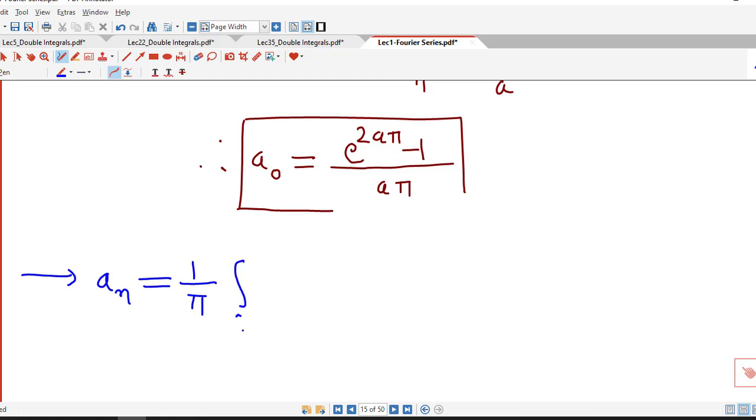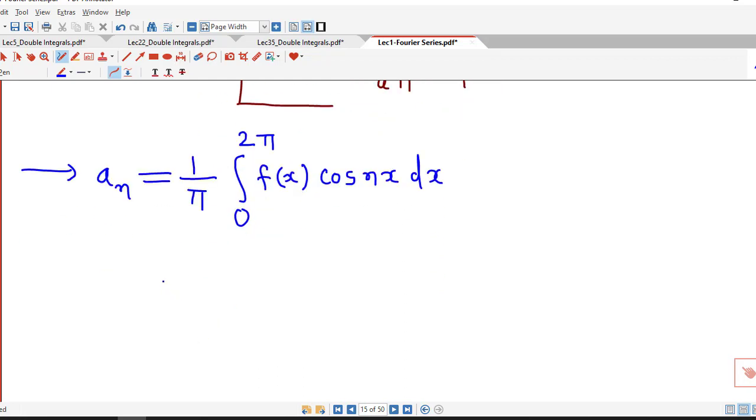So now we calculate these coefficients an, which are given by 1 by pi integral from 0 to 2 pi f(x) times cos nx dx. Now we put the value of f(x) and integrate with respect to x: from 0 to 2 pi, e raised to ax cos nx dx.